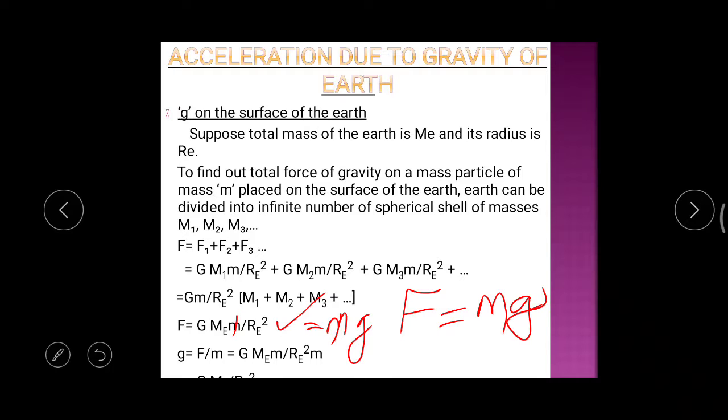So g is equal to G Me by Re square is the expression for the gravitational acceleration value at the surface of earth. If we consider some heights which are negligible compared to the radius of earth, there also the gravitational acceleration value is considered to be g.